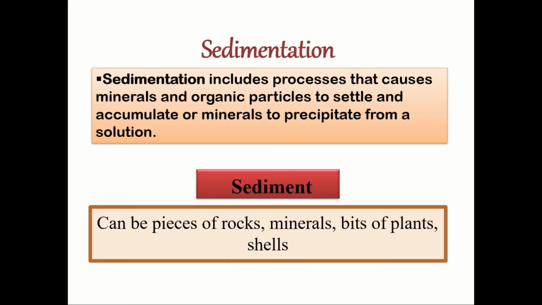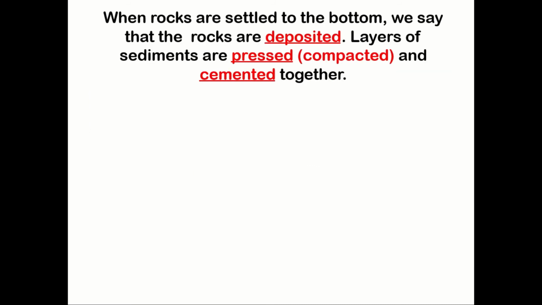Sedimentation includes processes that cause minerals and organic particles to settle and accumulate, or minerals to precipitate from a solution. In our case, it's the bodies of water. The sediments, which can be pieces of rock, minerals, or bits of plants or shells, deposit and accumulate under our bodies of water. That is the sedimentation process.